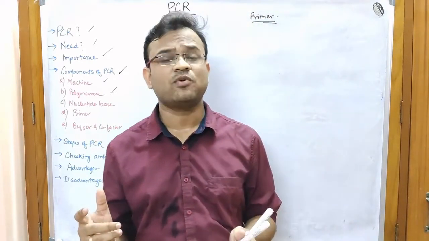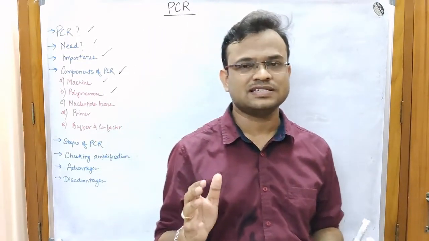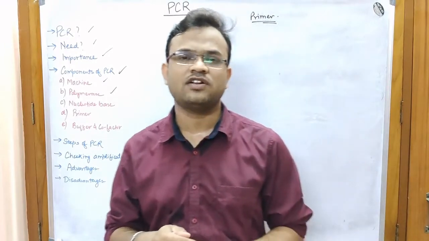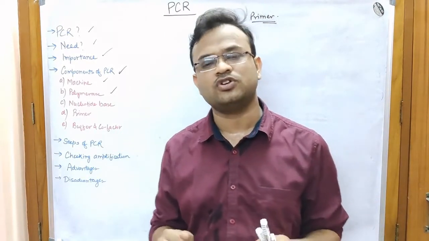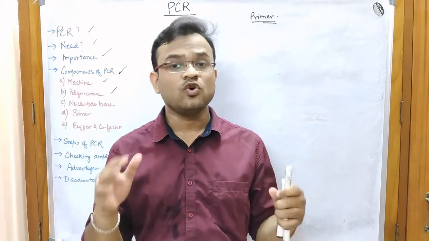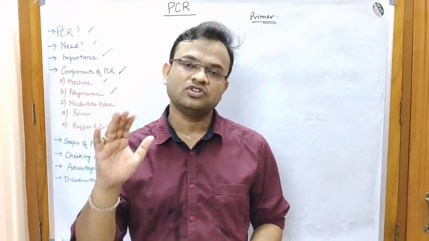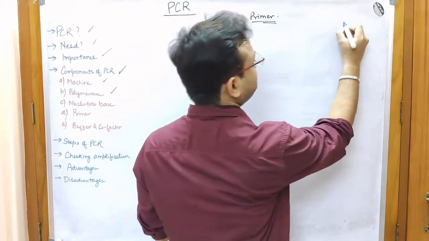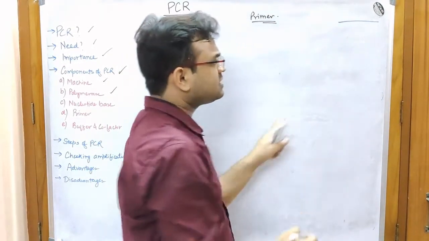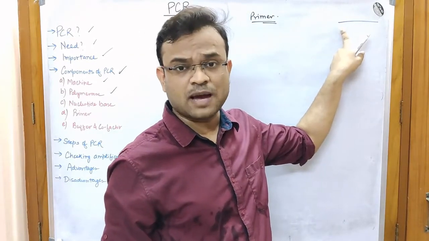One very important disadvantage of polymerase chain reaction is that you need to have prior information about your sequence. Then only will you be able to design your primers. Suppose this is the DNA strand that you wish to amplify.